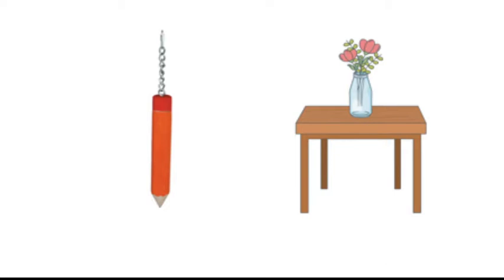You've learned that all objects fall because gravity pulls on them towards the center of the earth. Examine the picture showing the pen and the flower vase. What makes the pen and the flower vase stay at rest?